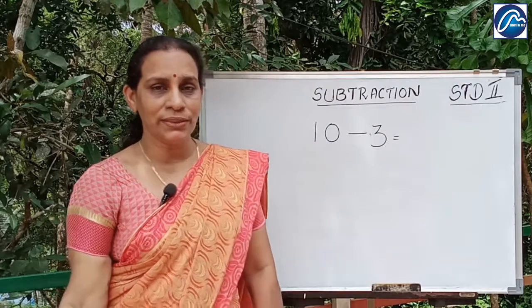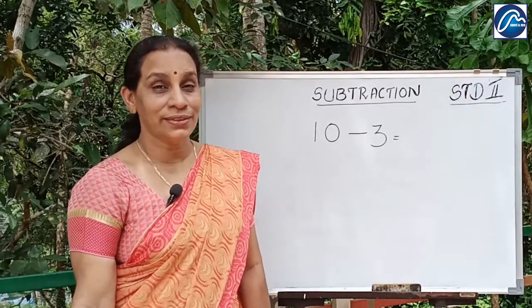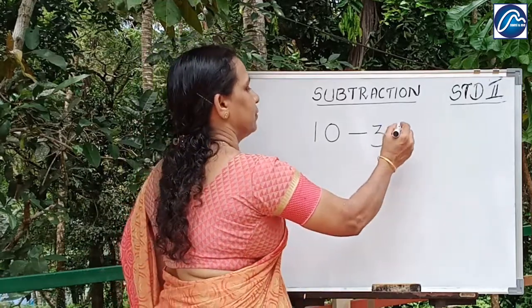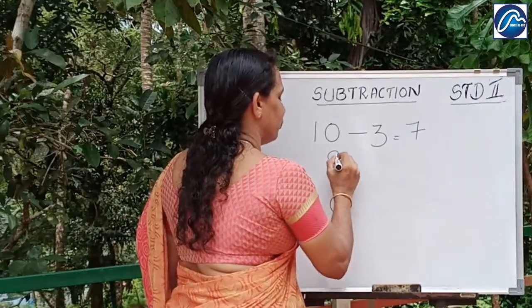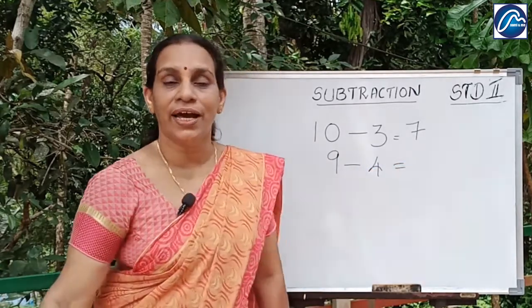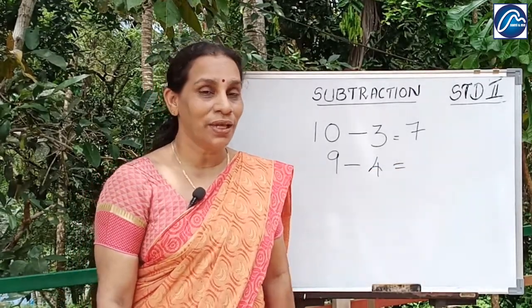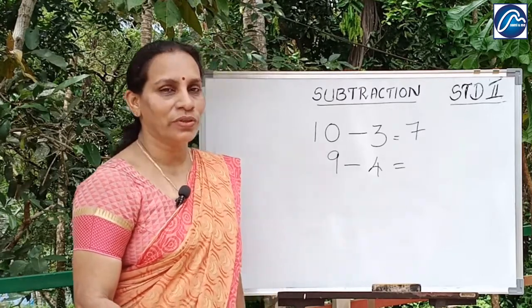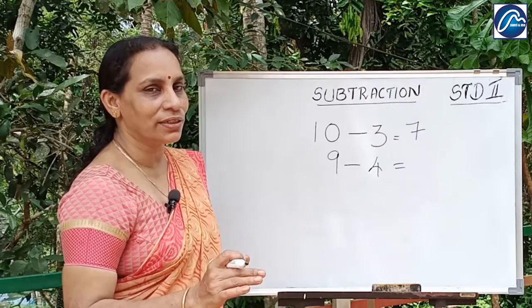What is 10 minus 3? 10 minus 3 is 7. What is 9 minus 4? 9 minus 4 is 5. This you know. You have studied it earlier.